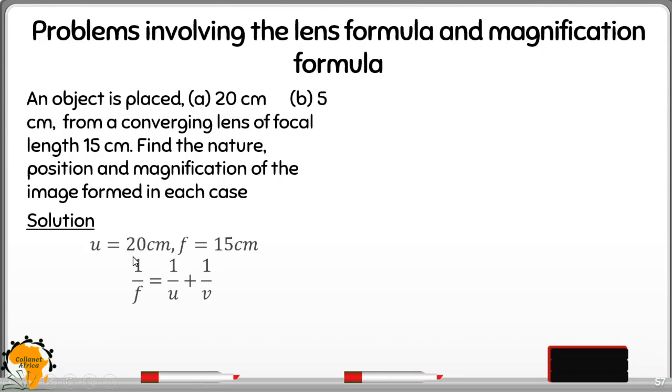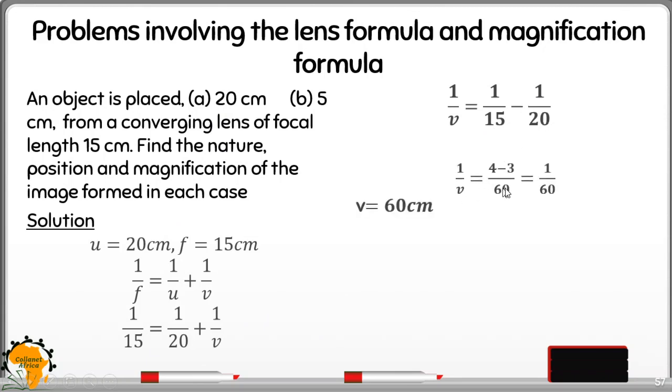We start with the first one. U is 20, F is 15. So applying the lens formula and then substituting, we have that our 1 over V is equals to 1 over 15 minus 1 over 20, which gives us that 1 over V is equals to 1 over 60. Therefore, V is equals to 60 centimeter.